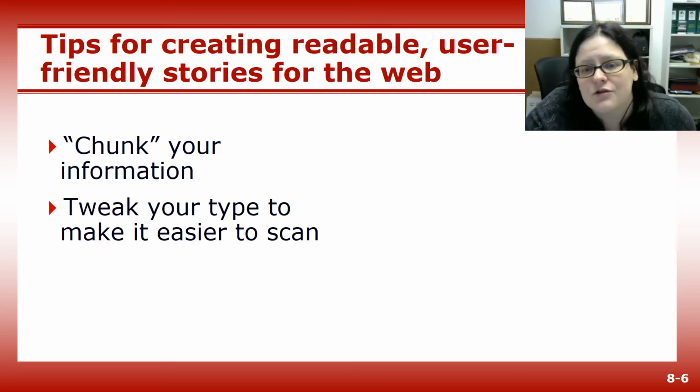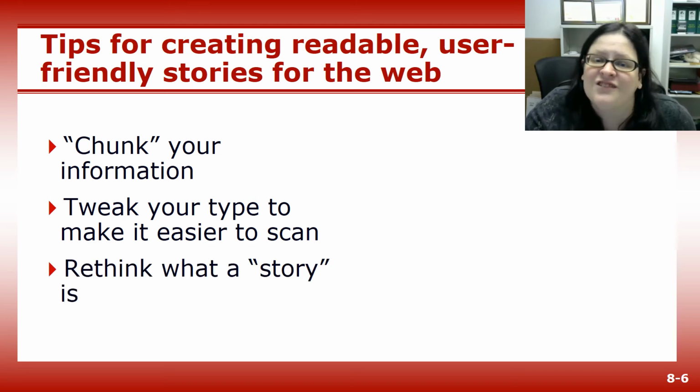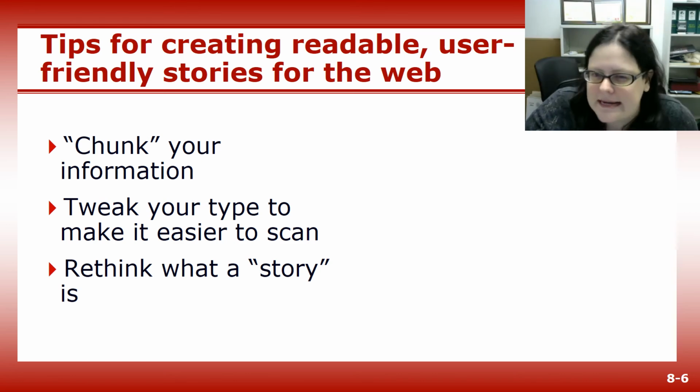You'll want to tweak your type to make it easier for a reader to scan. Use subheads, bullets, lists, and boldface to make it easier for them to read on a computer screen. You'll need to rethink what a story is. Keep using print to explain, but add multimedia elements to show and interactive elements to demonstrate and engage with your audience.